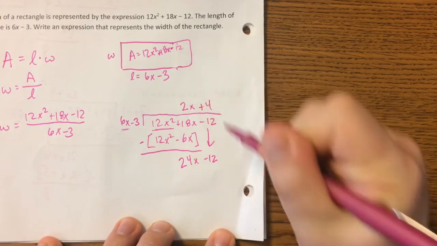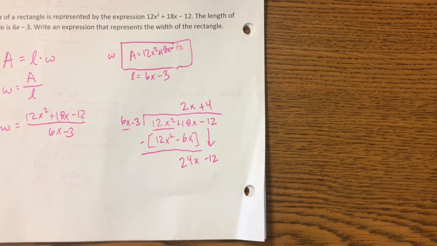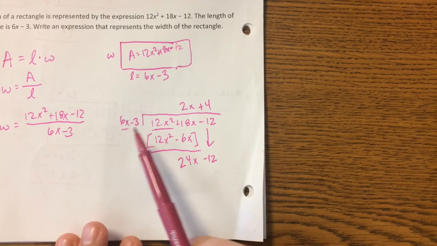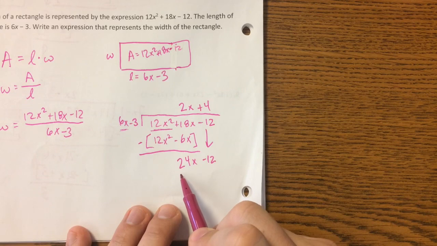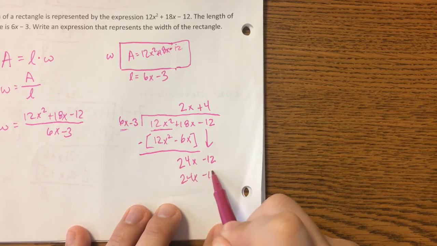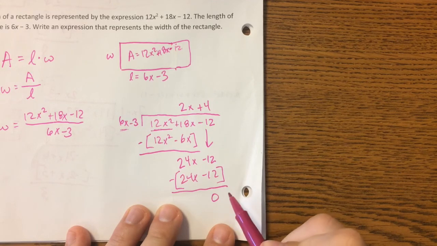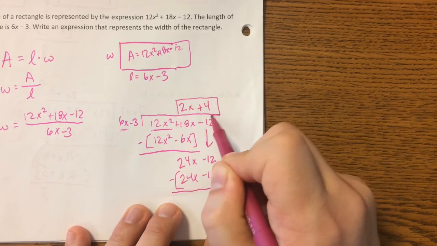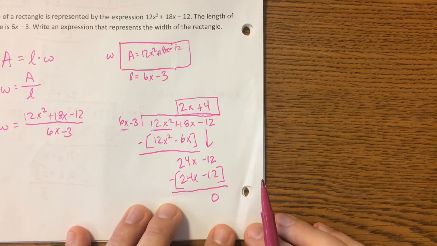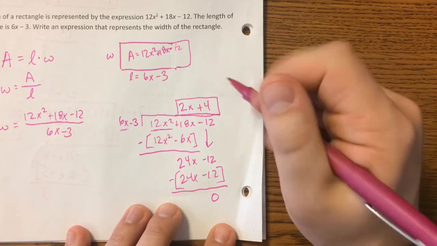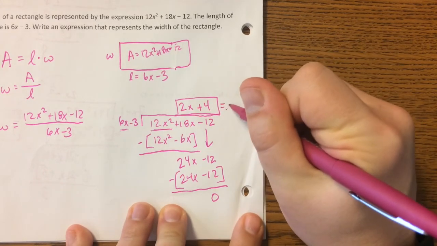So plus 4 goes at the top. 4 times 6x minus 3 is going to be 24x minus 12. Look at that. So what's my remainder? 0. So this is my answer right there. There's no remainder, so that's the width.